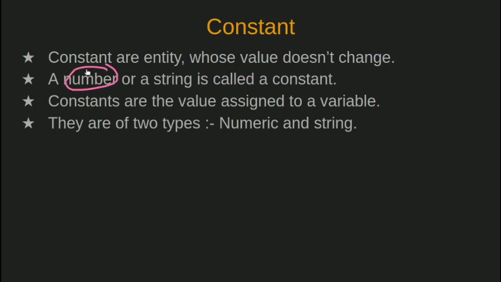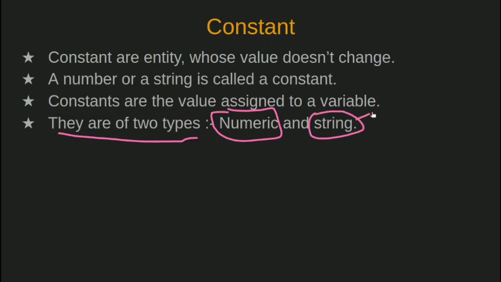Integer numbers like 1, 2, 3, 4, 5, or decimal numbers like 2.45, 7.35, and then strings like the name of a person or the name of a particular street or the name of a planet, all come under constants. Constants are the values that we assign to a variable. And lastly, constants are of two types, numeric and string, that we have already discussed.